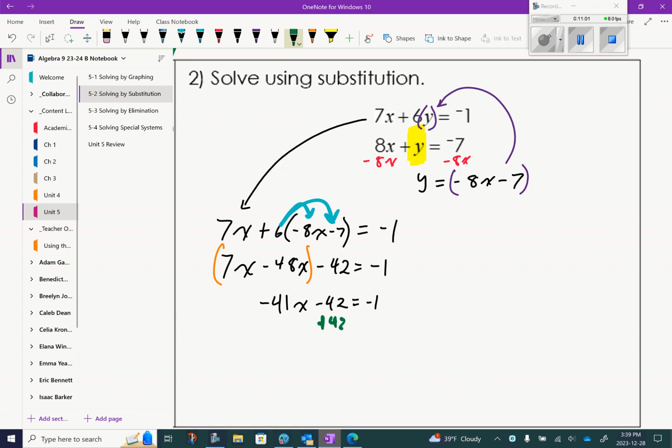Now I'll have to add 42 to both sides to move the constants over. So I'll have negative 41x is equal to, well, positive 41. Divide both sides by negative 41.